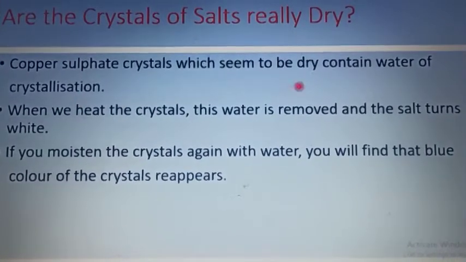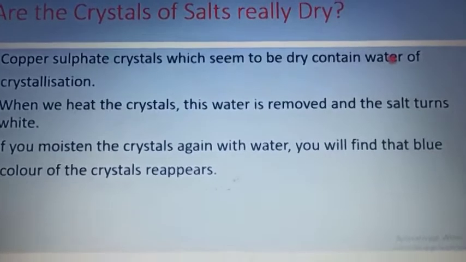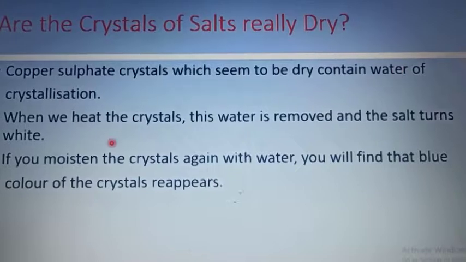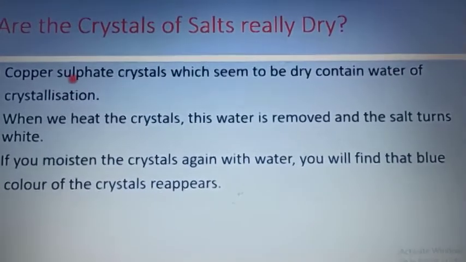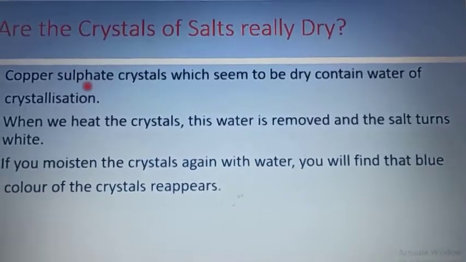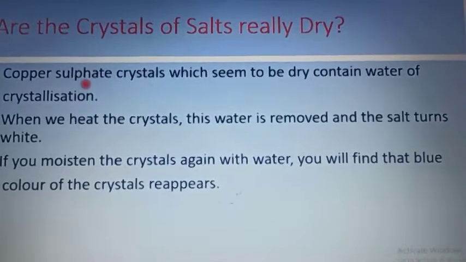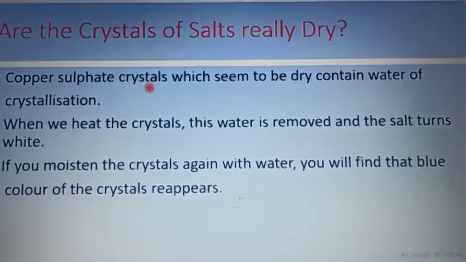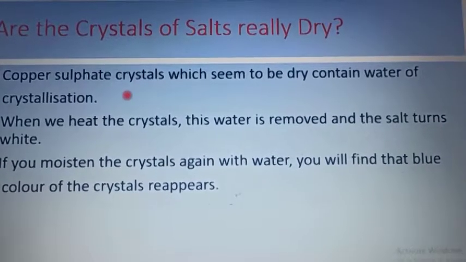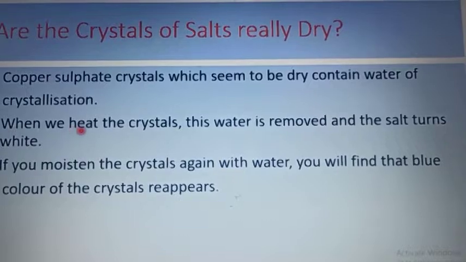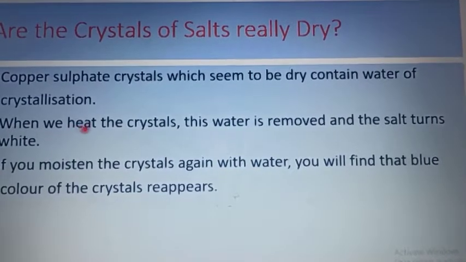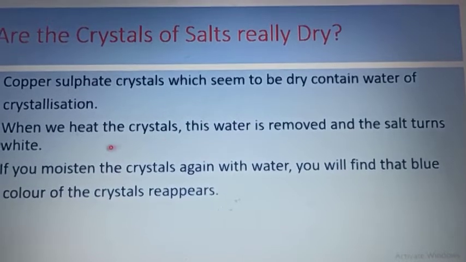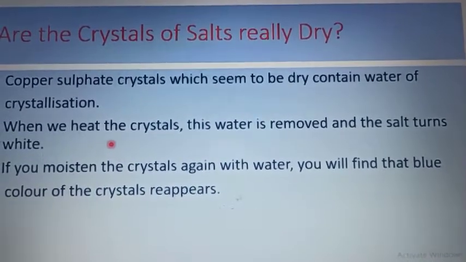So what is this water of crystallization? I told you it has the formula CuSO4.5H2O. CuSO4 is for copper sulfate, and 5H2O means one copper sulfate molecule is attached to 5 molecules of water. These water molecules are the water of crystallization. So when we heat the crystals, this water is removed and the salt turns white, as I showed in the figure.